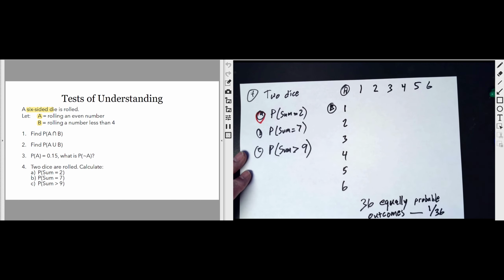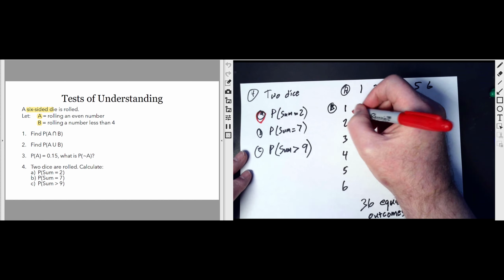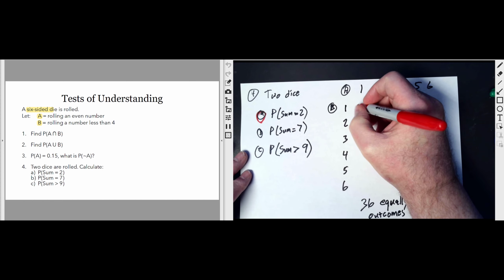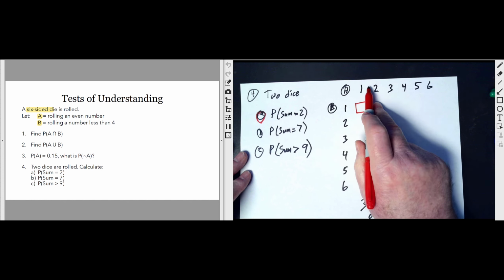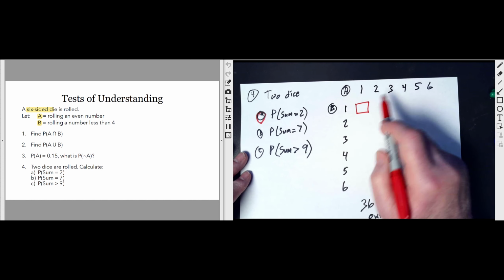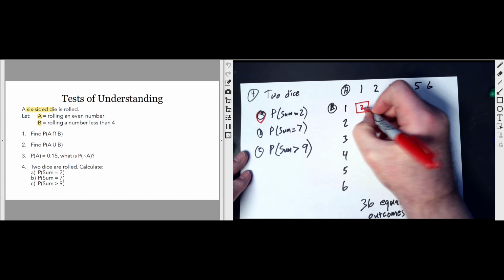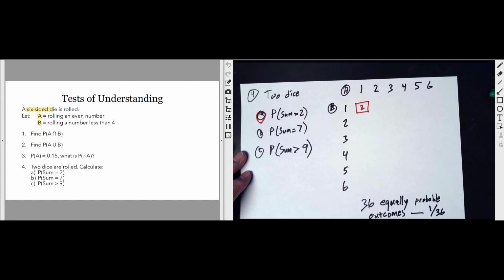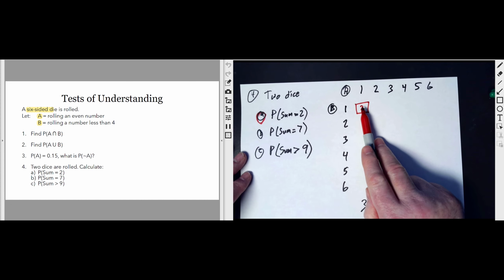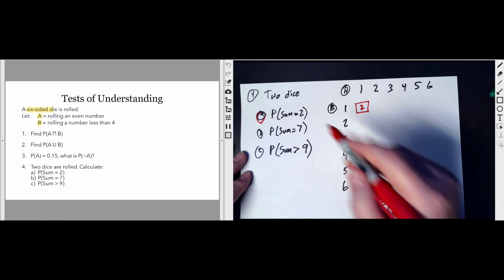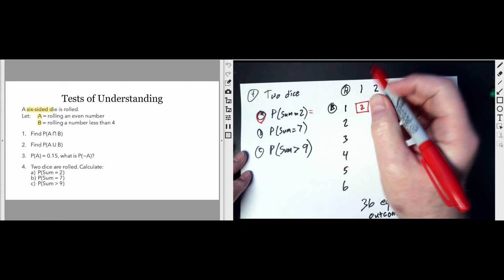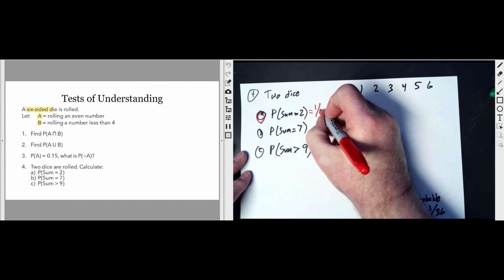But I'm hoping that it's obvious that the only case where this is true is if A is 1 and B is 1, then the sum is going to be 2. Okay? And because there's only one possible outcome from 36 equally probable outcomes of getting a sum of 2, the probability is 1 out of 36.